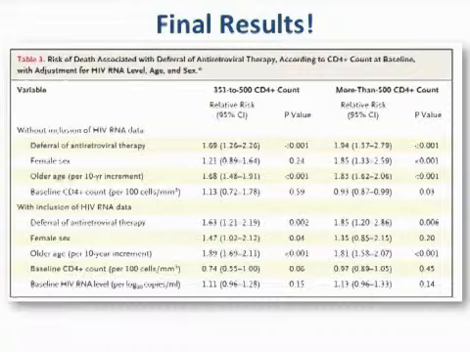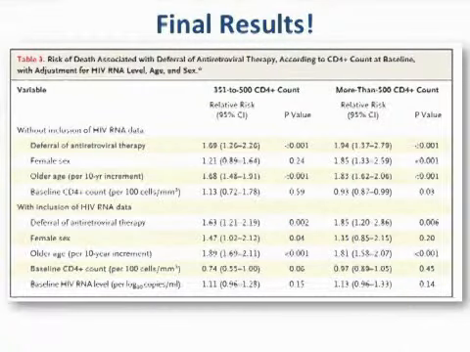So look at those people who are coming in with a CD4 between 350 and 500. What's the impact of initiating immediately versus deferring? And also among those people coming in greater than 500, what's the risk of deferral as compared to initiating immediately? And that's reflected here. These are two models, with and without viral load as one of the predictors.